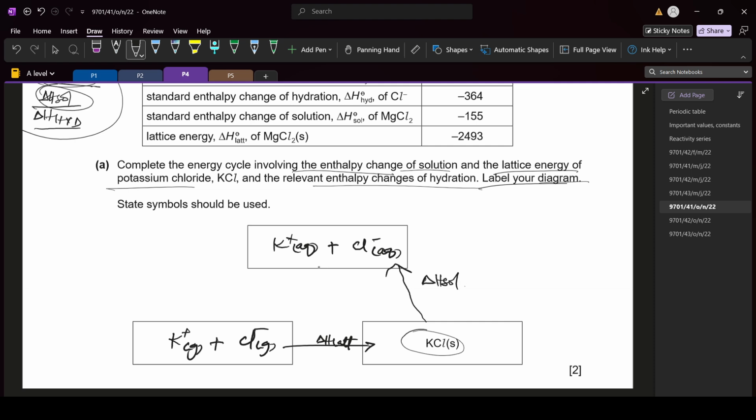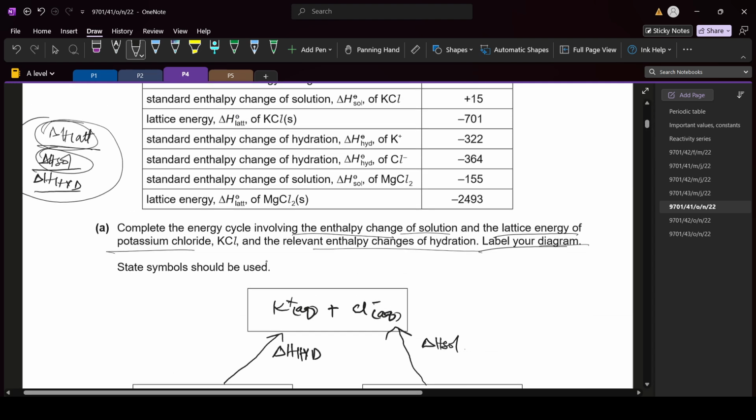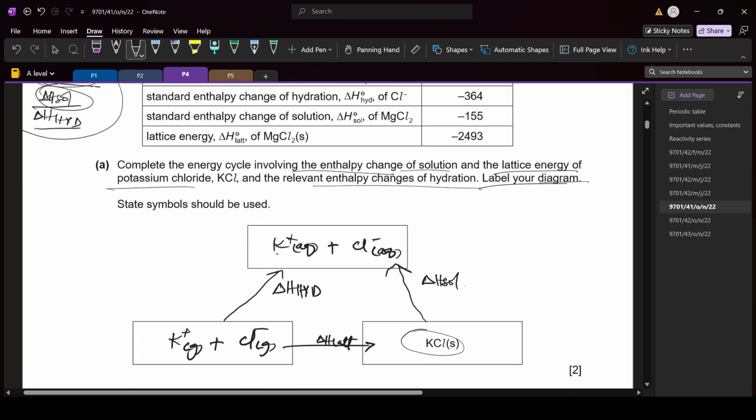Now this is the enthalpy change of hydration. It is the enthalpy change when 1 mole of gaseous ions dissolves in water to form an infinitely dilute solution. So this is your energy diagram.